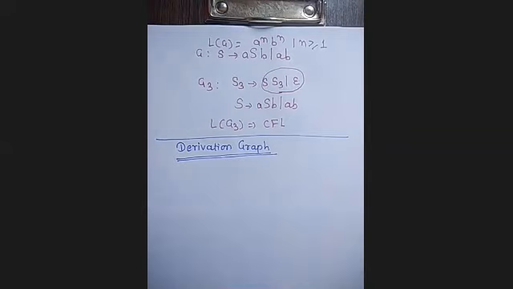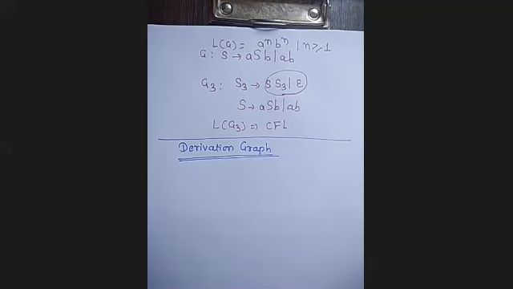And in the derivation tree, the internal node is a non-terminal and leaf nodes are the terminals. Okay, and we have also seen that the root node is a start symbol. And we know that the derivation tree, as it is a tree, does not contain any cycle.